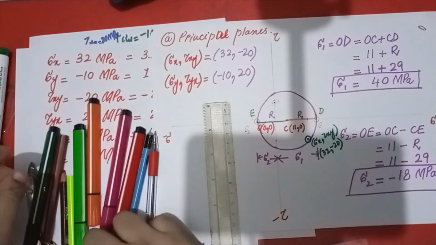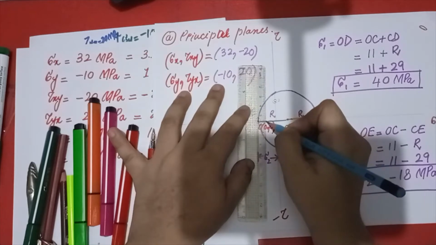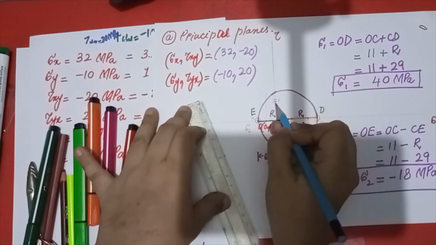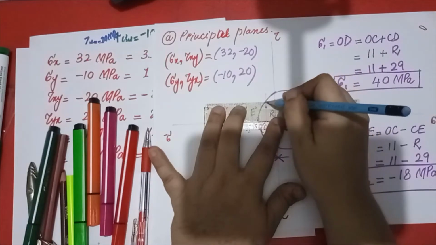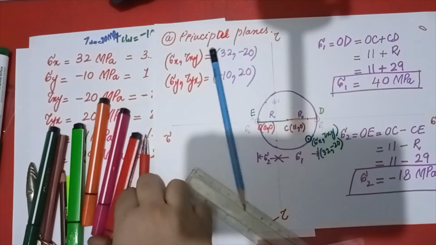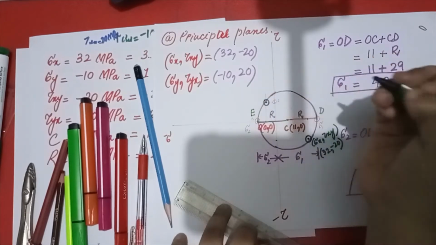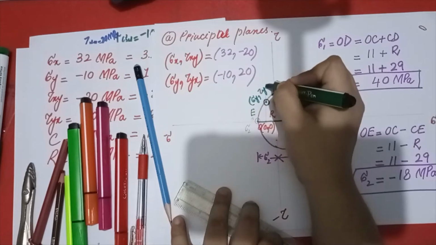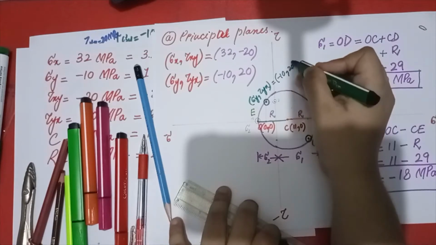I will extend the line. This is 1 centimeter, sorry, this one. And I will drop the perpendicular from here and I will get this point. What is this point? I am taking a green marker and making it a circle. This is sigma y, tau yx, and the value is sigma y minus 10, comma 20.